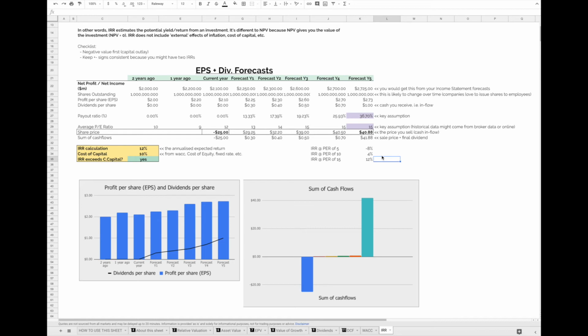Nonetheless, it can provide a very good yardstick for evaluating any share on the market, and it's a very simple model to run. You can do this with almost any business on the stock exchange, banks, industrial companies, technology companies. They may not have dividends, or at least that's what we've come to realize in recent times, that technology companies don't pay dividends, but you can still do it with an ending share price.